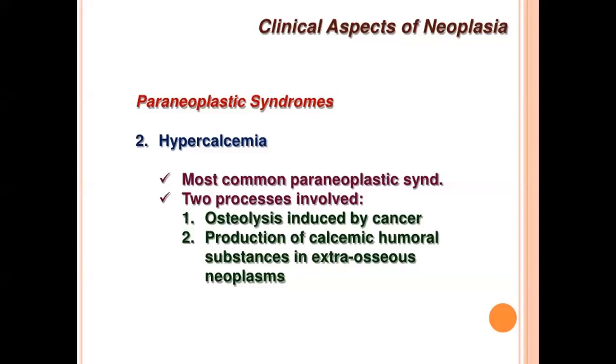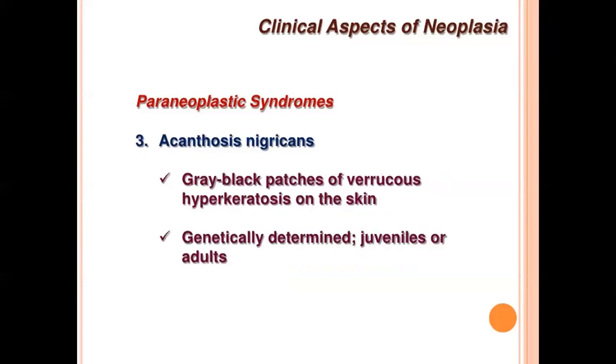Two processes are involved: osteolysis induced by the cancer and the production of calcemic humoral substances in extraosseous neoplasms. That means a neoplasm of the bone, other than that, production of calcium humoral substance starts there in the bone.